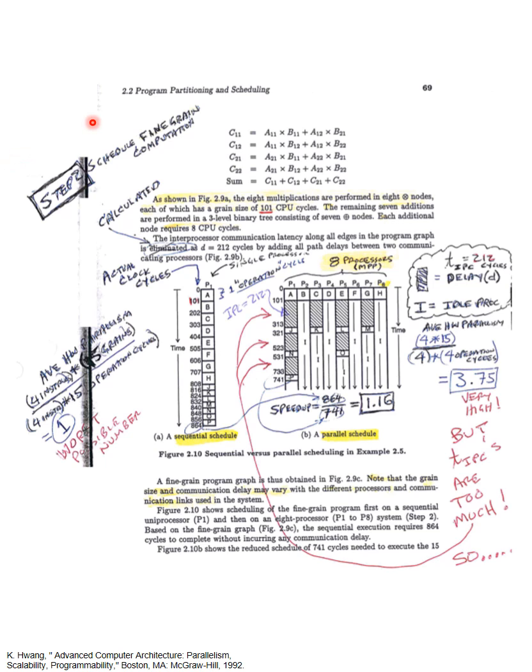So the next thing we do is schedule the fine grain computation. These are fine grains. These aren't coarse grains. They're just the A, B, C's to P's down here that represent the fine grain computation. So what it says in this little paragraph here is the 8 multiplications are performed in 8 multiplication nodes, each of which has a grain size of 101 CPU cycles.